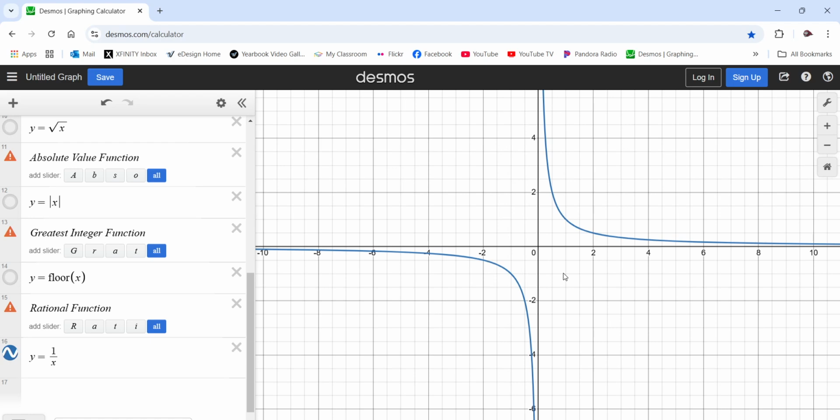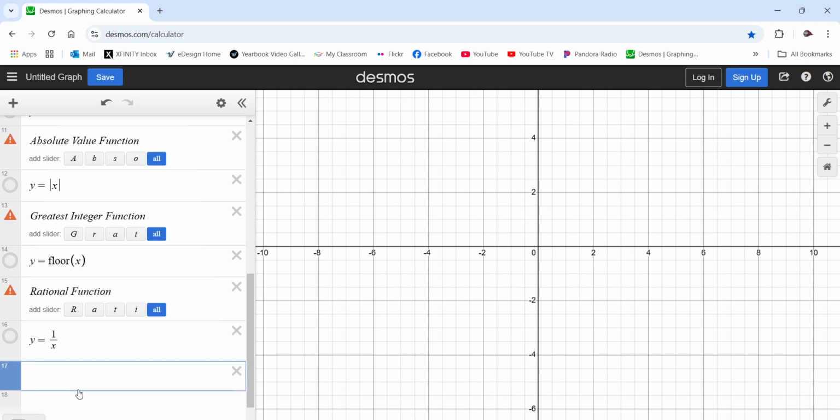Now what we're going to do is we're going to start moving them around a little bit. All right? They start with an absolute value, and that's a good one to start because it's really easy. The V is kind of easy to draw and that kind of thing. So let's do that. So what we're going to do is we're just going to start off with a normal absolute value.